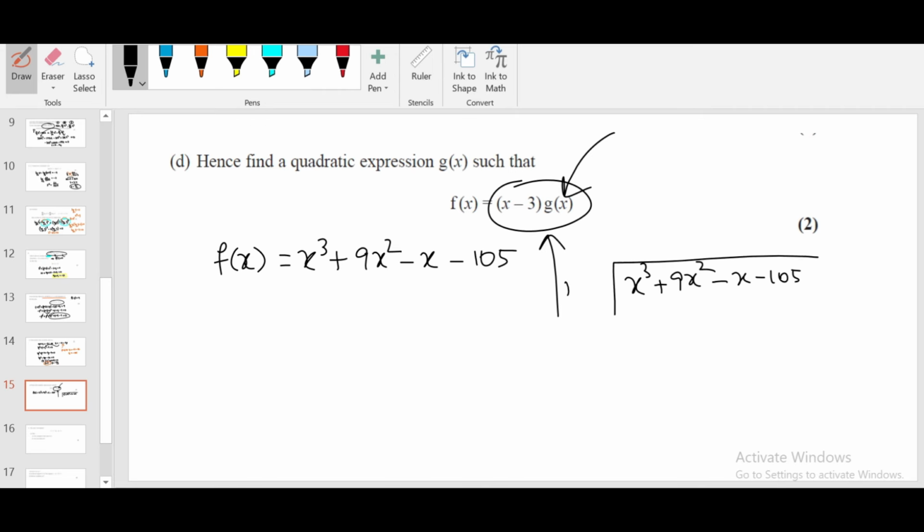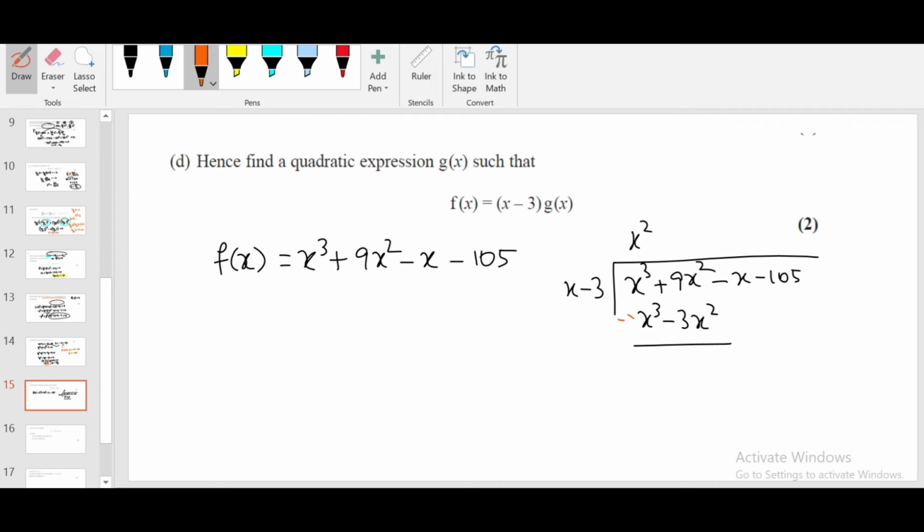Divide by x minus 3. So x squared, you will get x cube minus 3x squared. Change the sign, this will be cancelled. You will get 12x squared, bring down the next term minus x. So multiply by 12x, you will get 12x squared minus 36x.